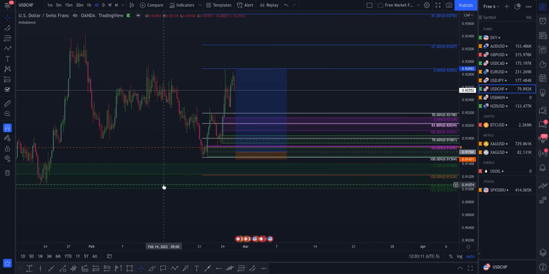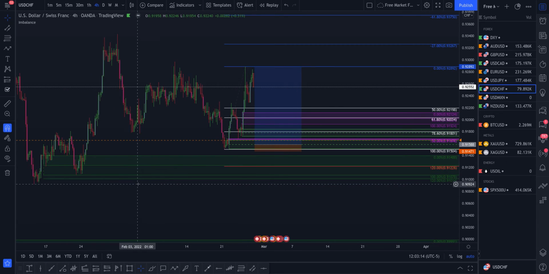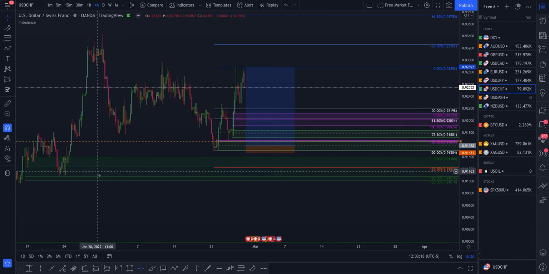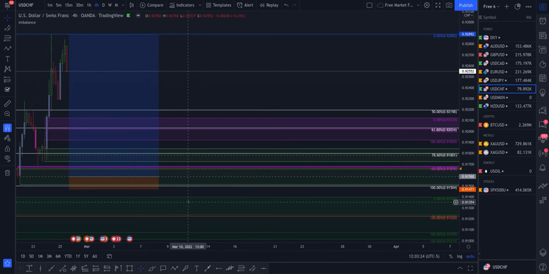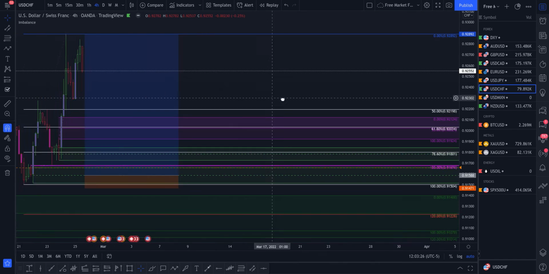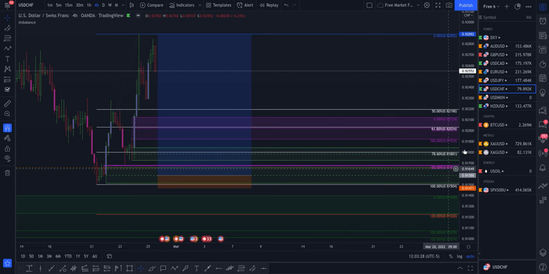Now we do have, yeah, this institutional zone has been mitigated, but again, it could come down and mitigate again. It could be more orders here, so you guys just wait for confirmation. Okay. And if it does take off from here, we can always wait for a pullback to take a trade up.